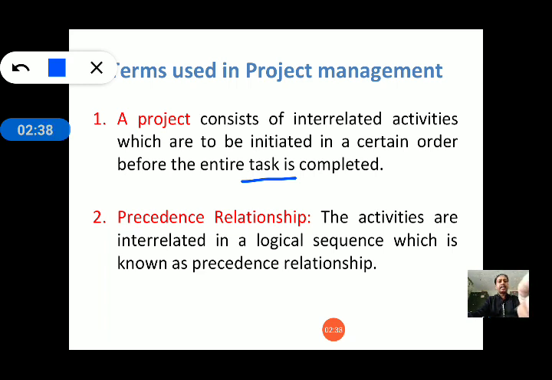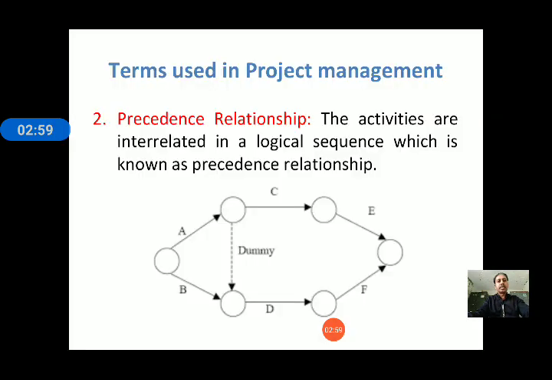Now the second term is precedence relationship. As I told you, the activities are interrelated in a logical sequence, which is known as precedence relationship.